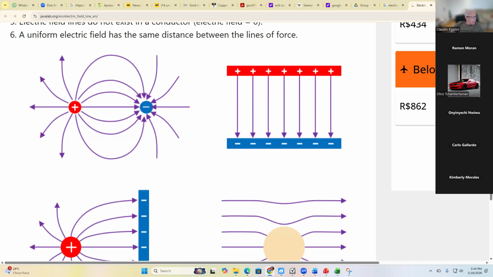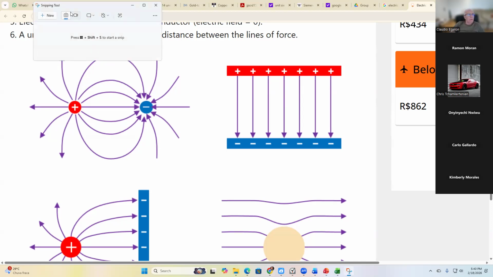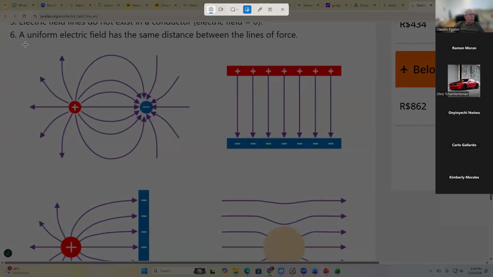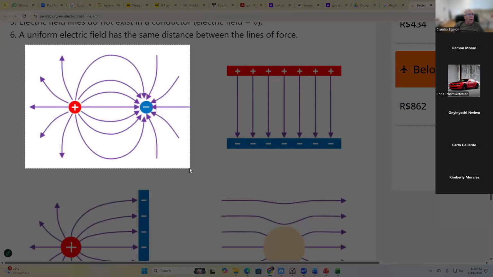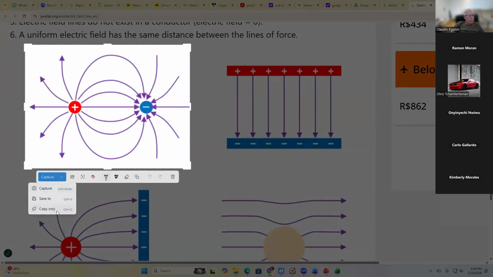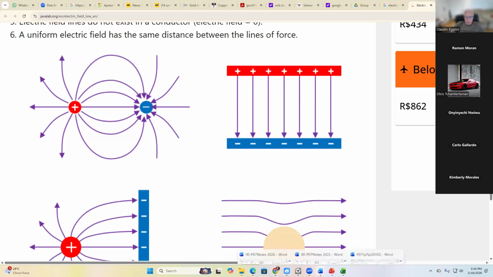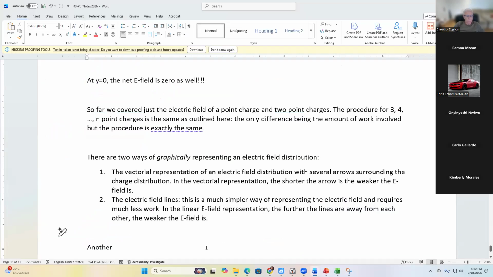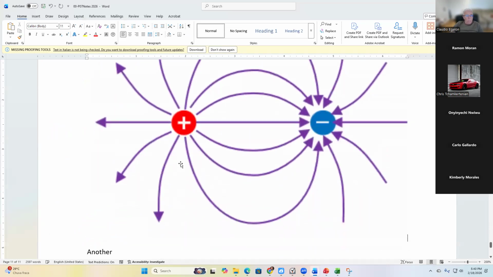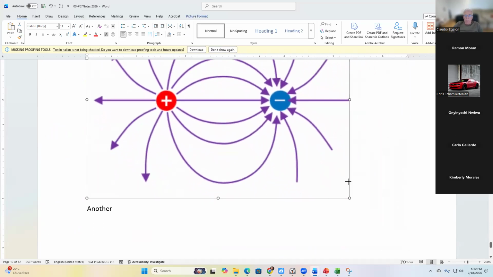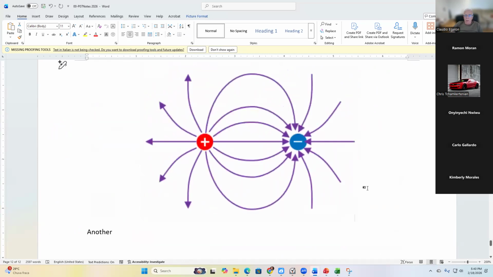Let me copy that and put that in my notes. Right here. Capture, copy. Electric field line representation of my electric dipole. Okay?